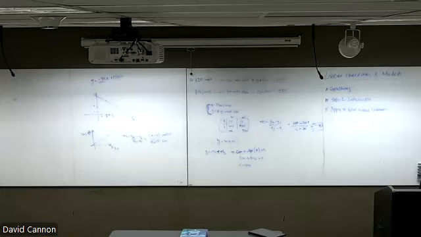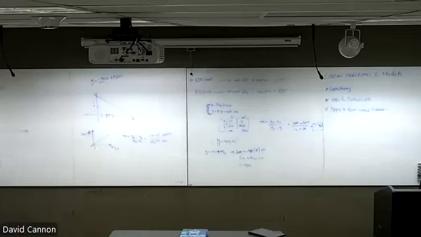Imagine we take X as the number of units sold, and Y as the price per unit. So if you do that, your graph will just look different.